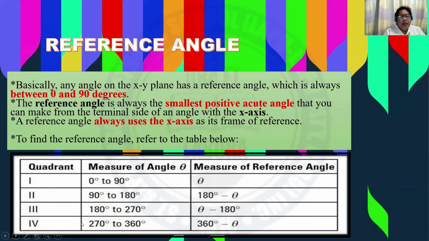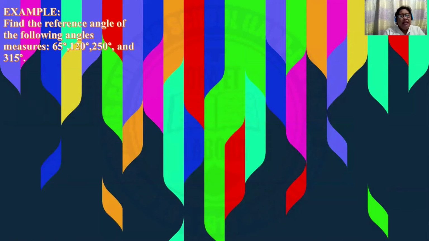And for the fourth quadrant, the measure of the angle is between 270 degrees and 360 degrees, then the measure of the reference angle can be taken by subtracting the given angle from 360 degrees. For example, find the reference angle of the following angle measures: 65 degrees, 120 degrees, 250 degrees, and 315 degrees.